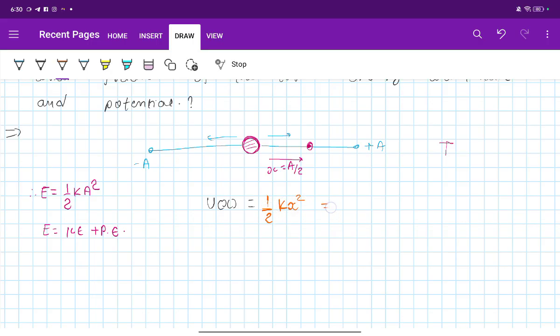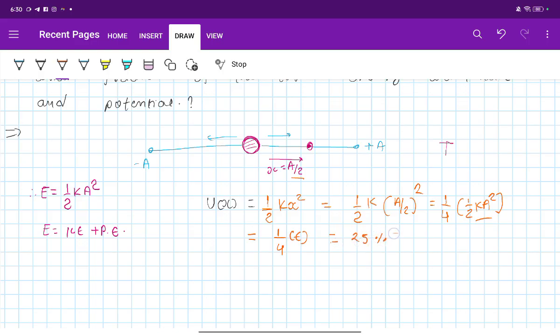But here x is A by 2. So half k (A by 2) whole square. That means 1 by 8 k A square, or 1 by 4 in the bracket half k A square. This half k A square is nothing but our total energy, so it is actually 1/4 of the total energy. That means 25% of the total energy.